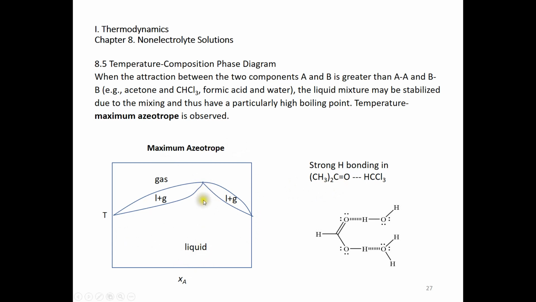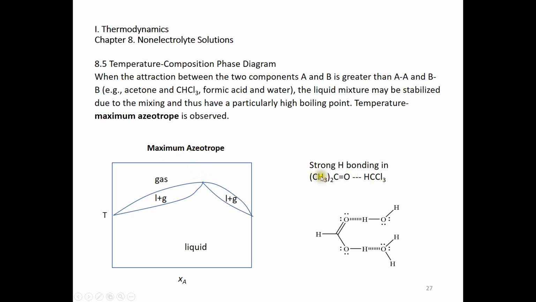So at certain composition, the boiling point of the mixture of these two is higher than the boiling point of pure B and also than the boiling point of pure A. And since we have a higher boiling point than pure A and pure B, we call that maximum azeotrope. We achieve the maximum boiling point.